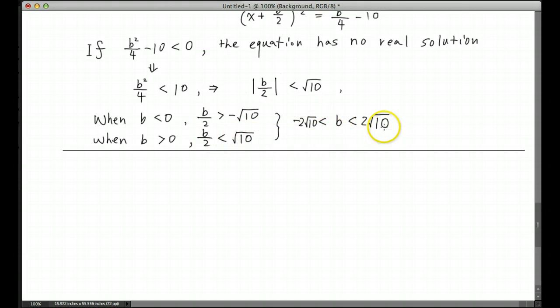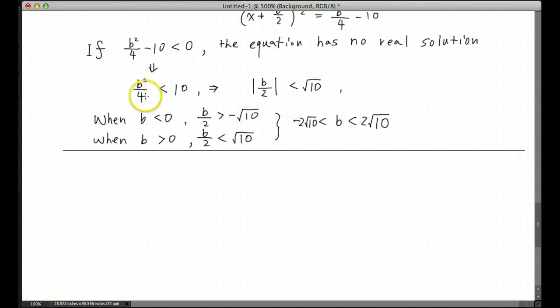Then you put these two together, so b must be between these two numbers, so that when you square b, it has to be smaller than 40, right? And that should be true, right?